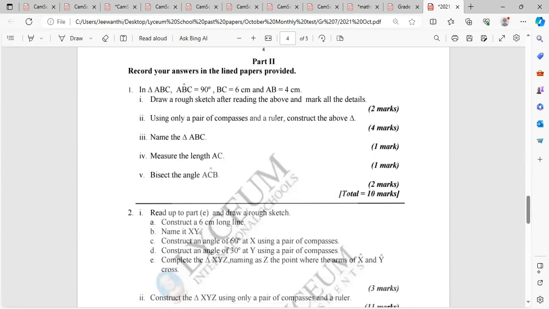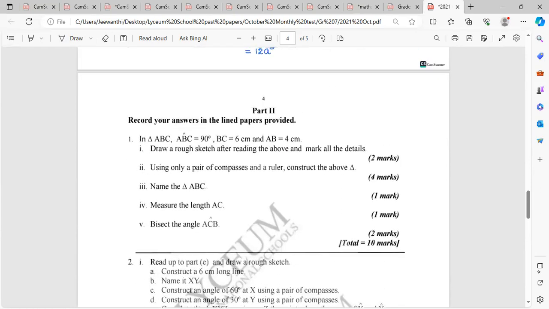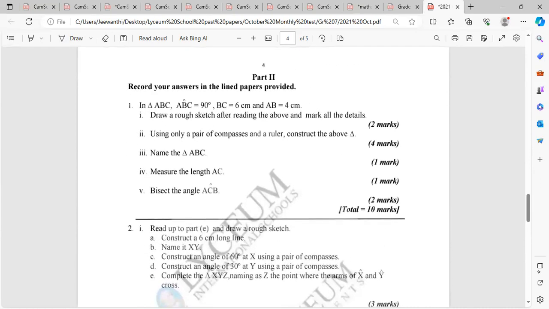If you need any clarification, you can go through the construction video separately, where I have discussed from the beginning how to construct a simple angle to how to construct a triangle, and all the content related to construction. So if you need to clarify these 2 questions, you can go through that video.